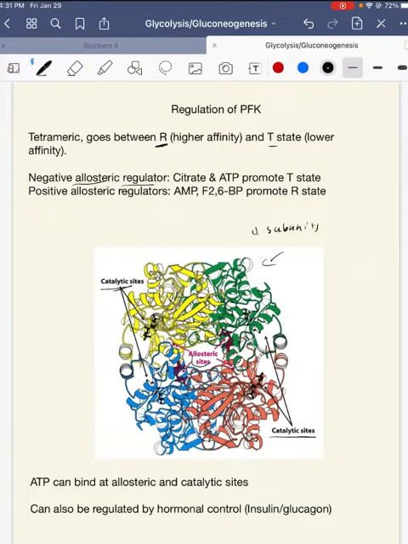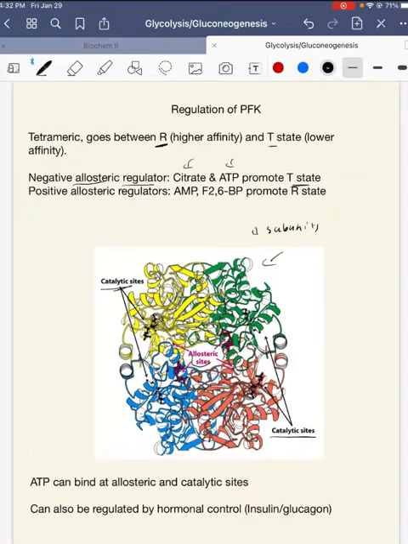We will see that ATP can bind to both sites, and it has a different function depending on where it binds. Negative allosteric regulators promote the T state, the lower affinity state, and those are citrate and ATP. Citrate, we go from acetyl-CoA and oxaloacetate and make citrate in the citric acid cycle, right?